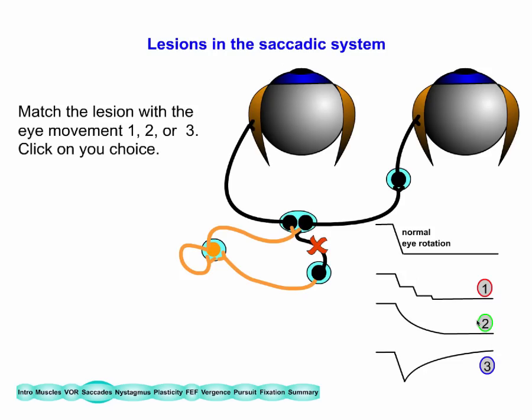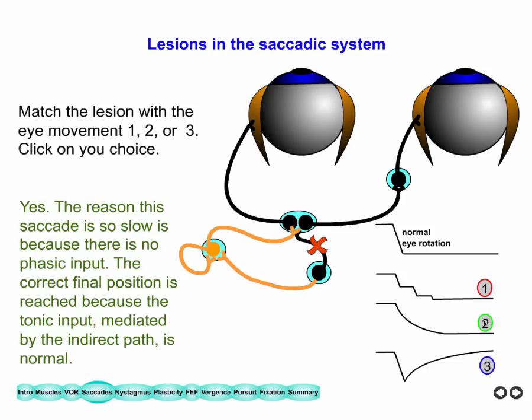Or this one? I think you're right. We all pick this one. Again, this pathway is fast, but it's missing this one. So it can't move quickly. You're missing this part, but it'll still get there. It'll slowly creep into its new position.